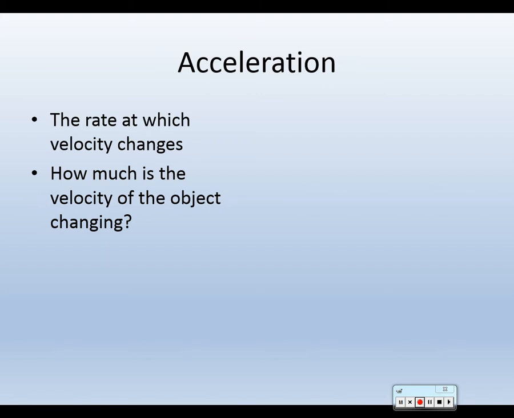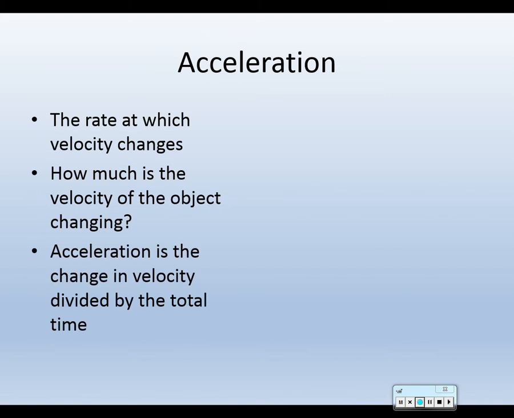That factor is time, right? A rate is always something over time, right? So, the acceleration is the change in velocity divided by the time over which that change occurs. Mathematically, it looks like this. Delta V over T.